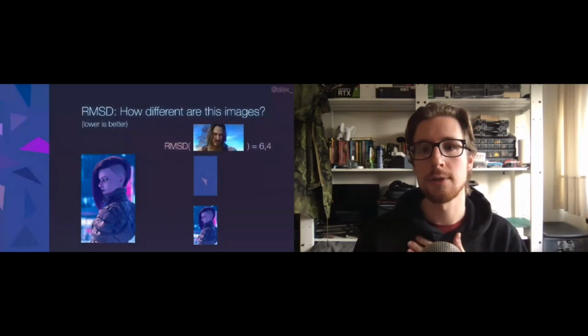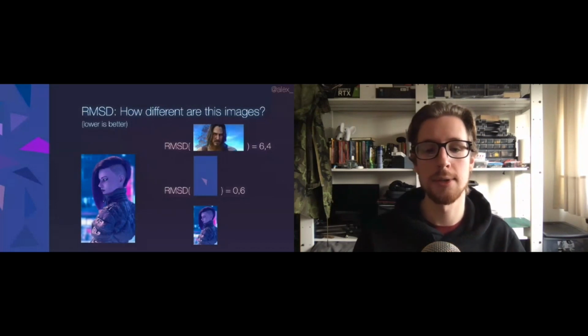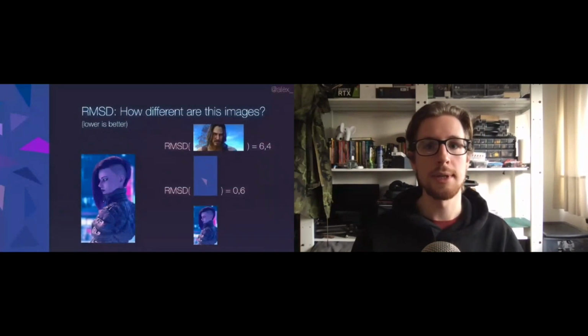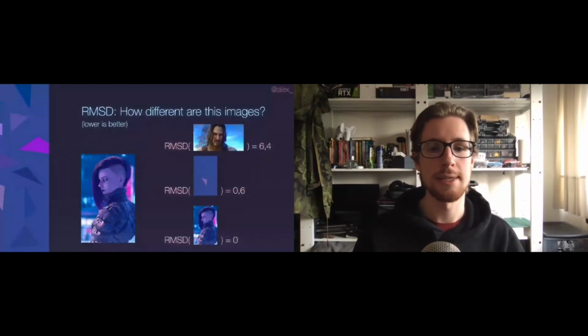The second example is our triangle, and it's got that average color going for it. So the deviation value is going to be a bit lower. It's going to be 0.6. Finally, just for the example, the last example is the same image as the target image. Well, obviously the deviation is going to be 0 in this case, because they're the same image. They don't deviate at all.